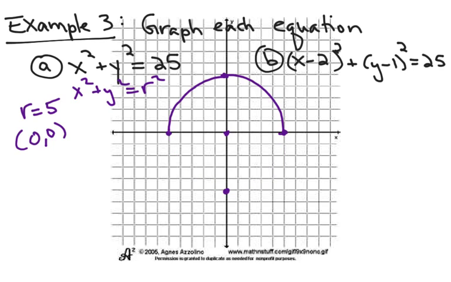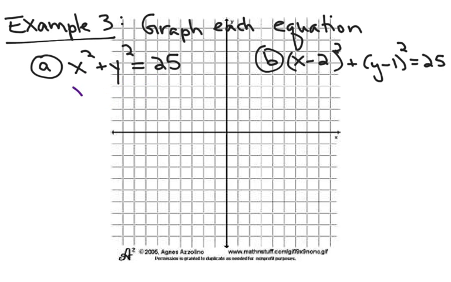All right, let's go back now and look at the second equation. I'll do that in a different color. Let's do that in blue. (x minus 2) squared plus (y minus 1) squared equals 25. The radius is also 5, but this time the center is at the location 2, 1.